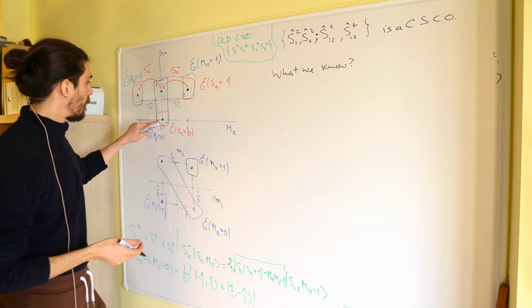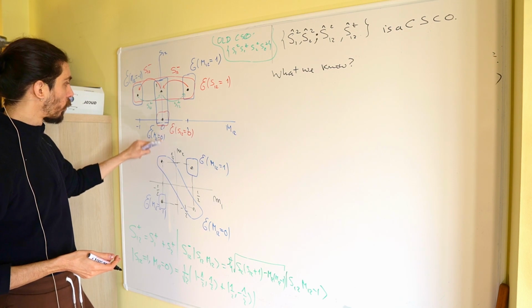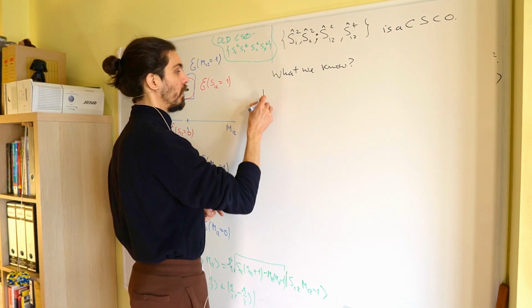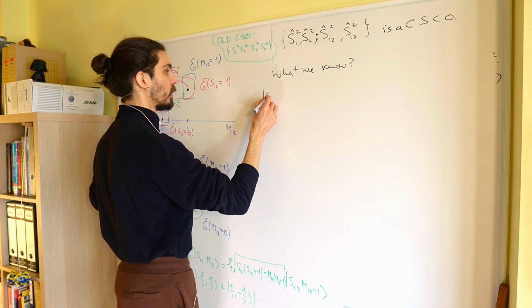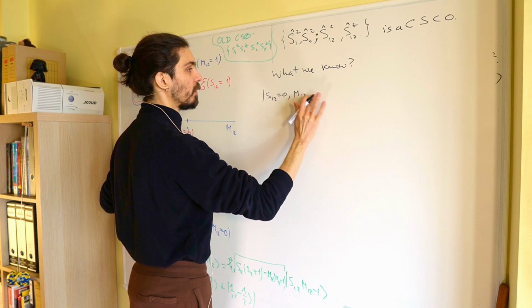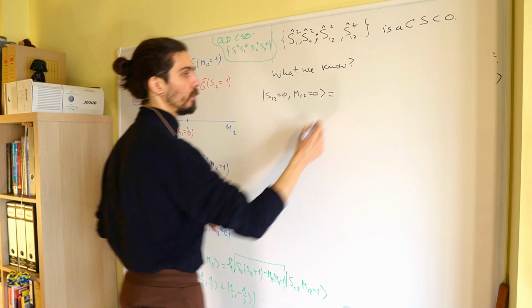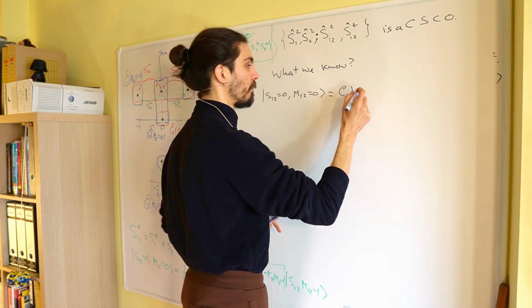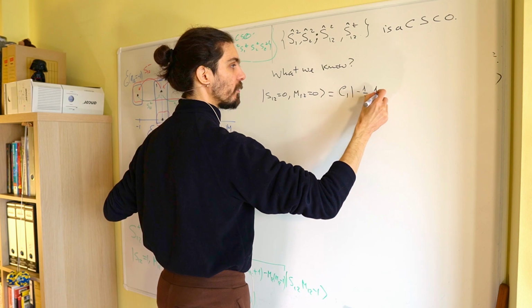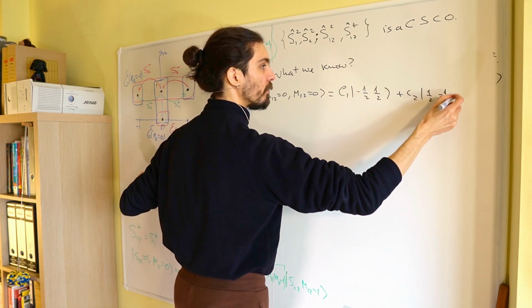First of all, this state lives in m12 equal to 0. So this cat must be some linear combination of these two states. So the S12 is equal to 0, m12 is equal to 0, must be some linear combination of both. So some C1 from that one, so minus 1f, plus C2, 1f, minus 1f.